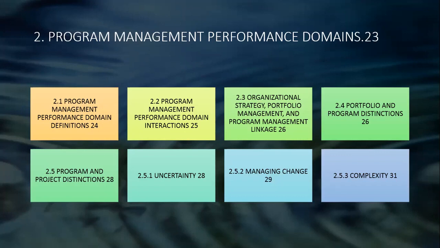We have change complexity. This arises from the different levels of impact the change could have in an organization. We have risk complexity. Risk complexity arises from the high level of uncertainty due to the extended program lifecycle and the uncertainty of components, the outcome of those components and their interdependencies.